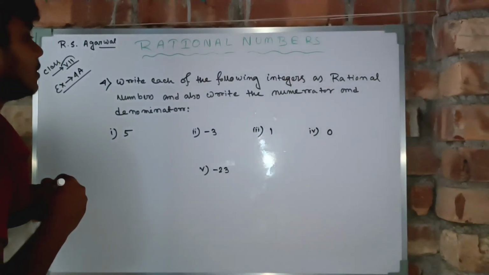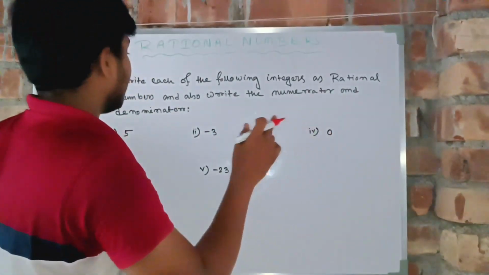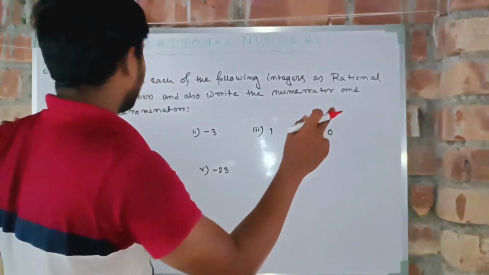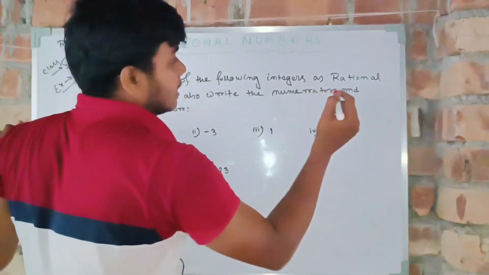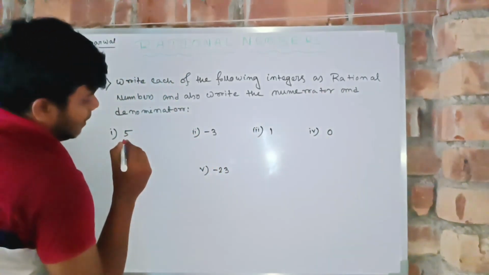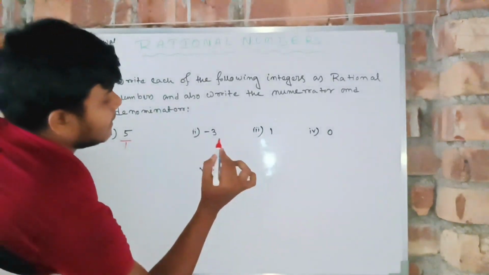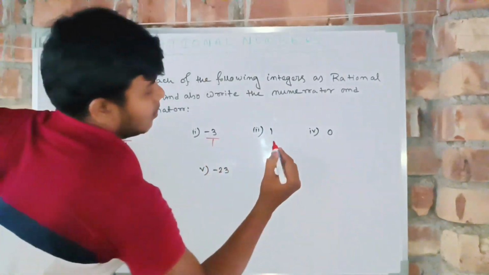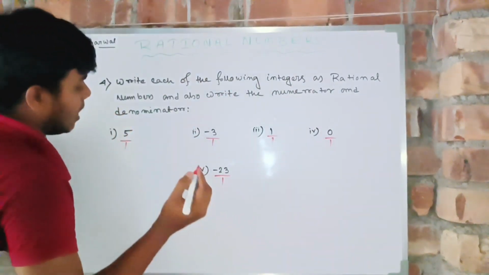Our next problem is to write each of the following integers as rational numbers and also write the numerator and the denominator in each case. We can express 5 as 5 by 1, -3 as -3 by 1, 1 as 1 by 1, 0 as 0 by 1, -23 as -23 by 1.